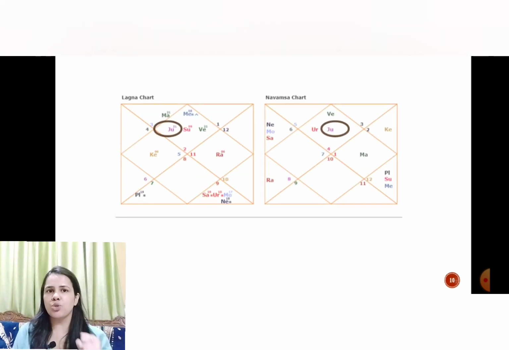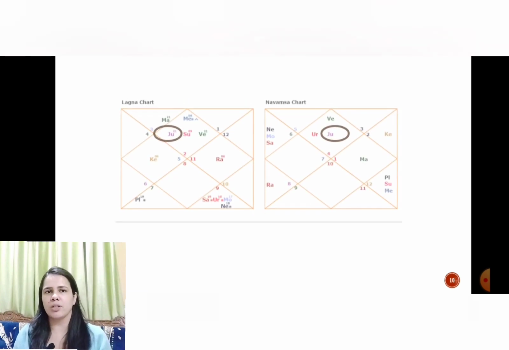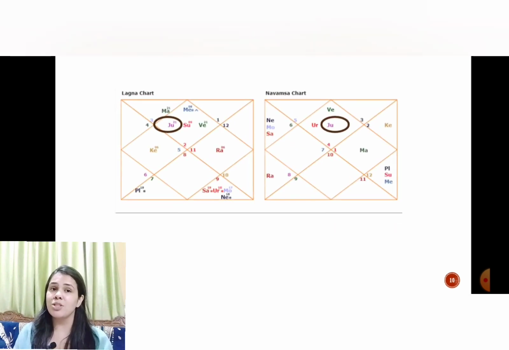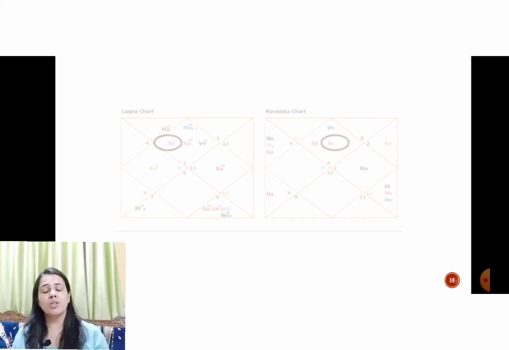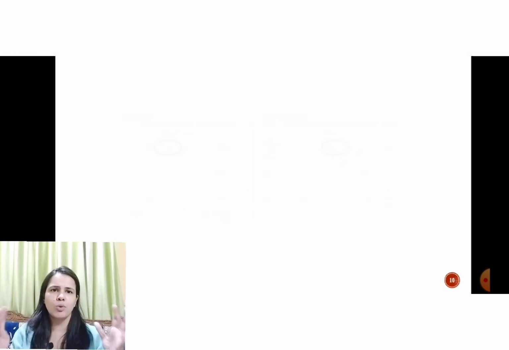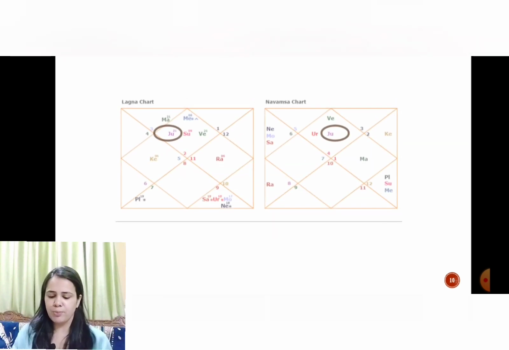And very strongly sitting, it gets exalted in the Cancer sign. Jupiter gets exalted, so it is a very good signal, though it is the 8th house lord. But because the career also lies towards research and analysis, he or she will get a lot of good things from research and analysis, a lot of gains and a lot of name and fame also from here, sitting in the first house.